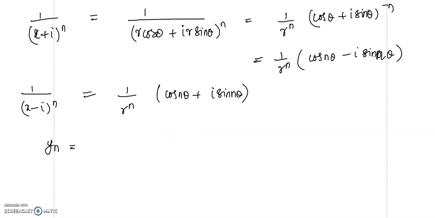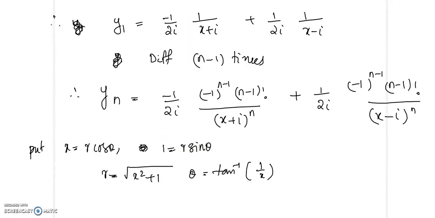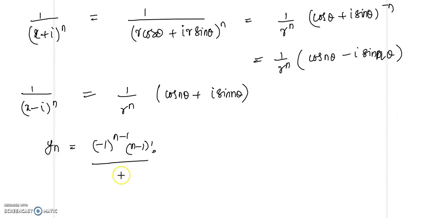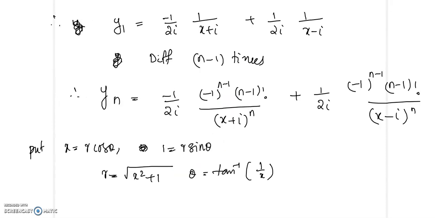Take minus 1 raised to n minus 1, (n minus 1) factorial by 2i is common. So remaining we will have minus 1 by (x plus i) whole raised to n.